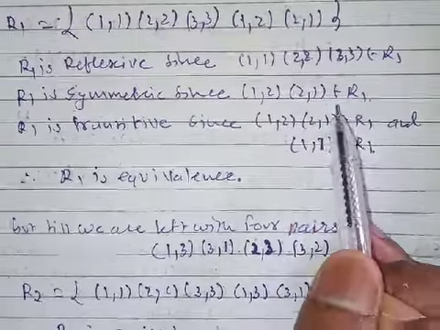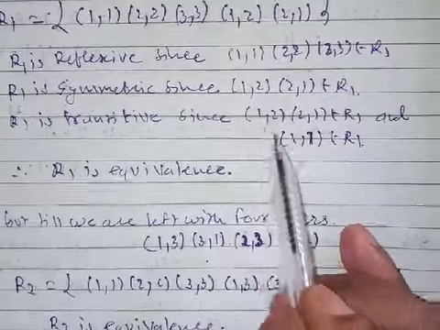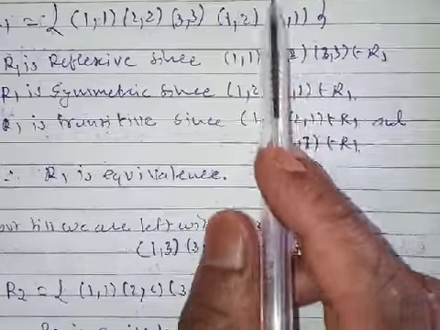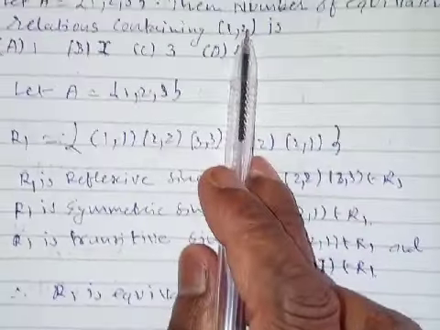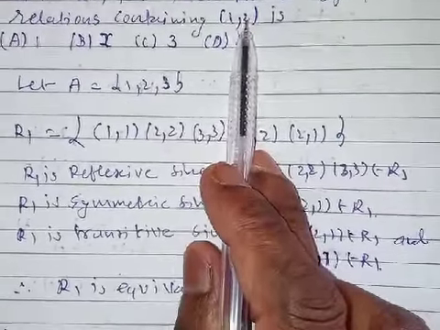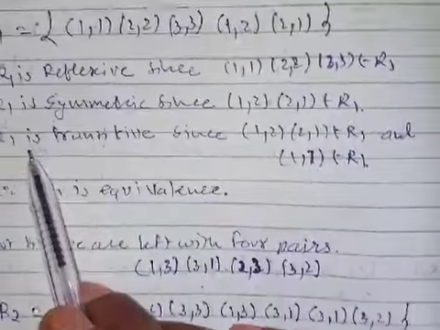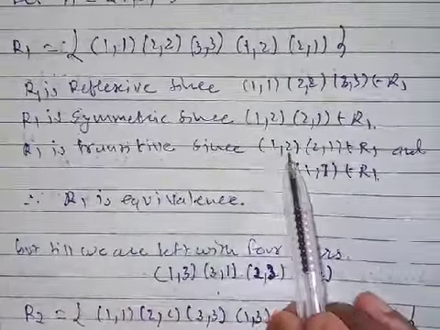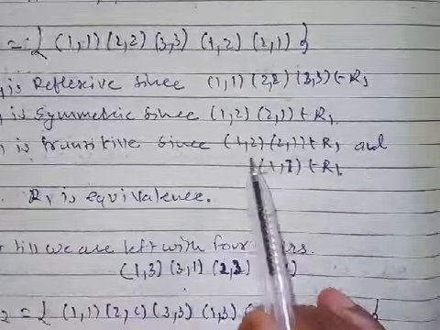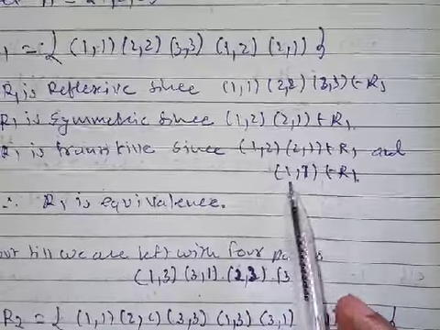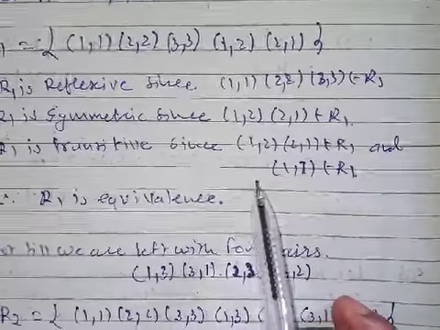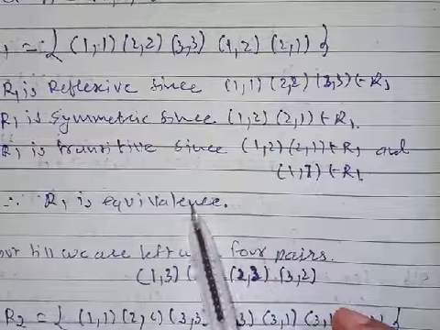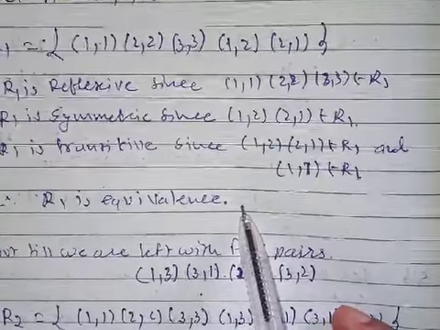Let's check for transitive. Again you take (1, 2), (2, 1), because this is given in our question. So (1, 2), (2, 1) belong to R, so (1, 1) also belongs to R. Therefore, it is an equivalence relation.